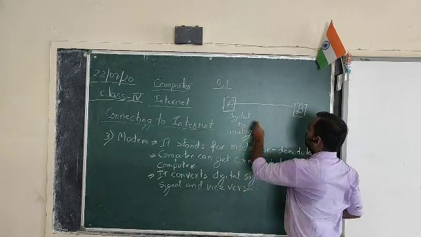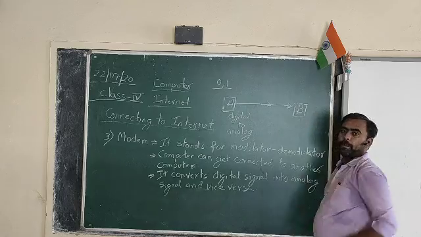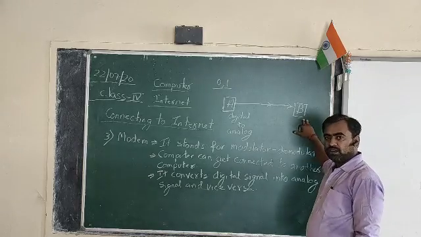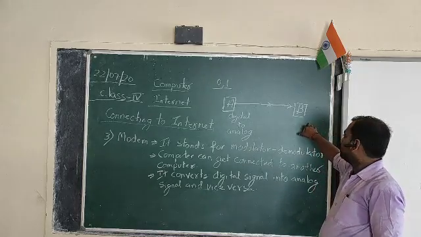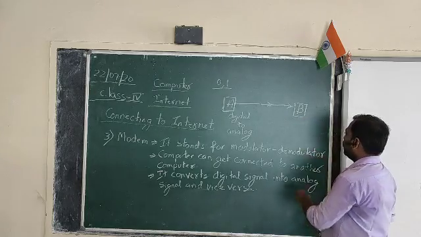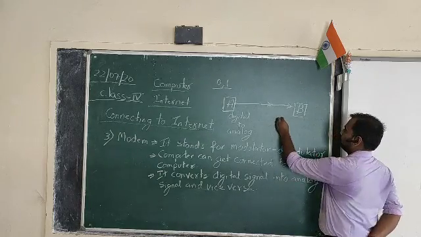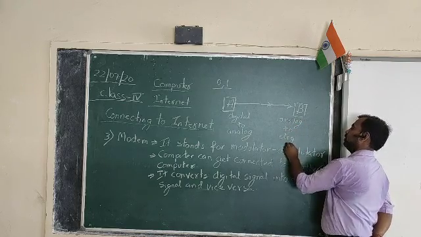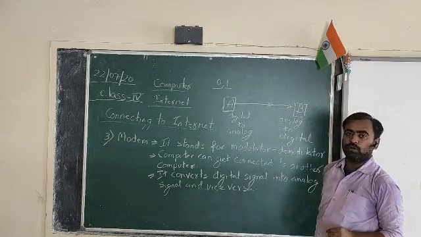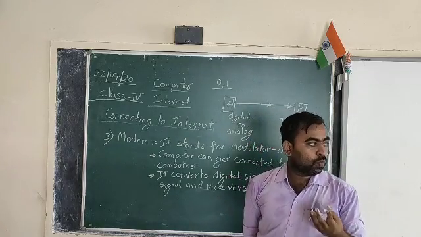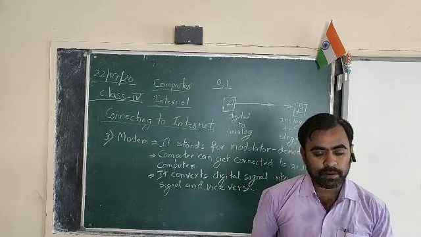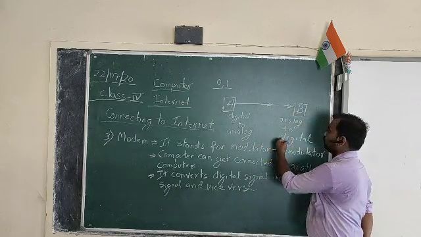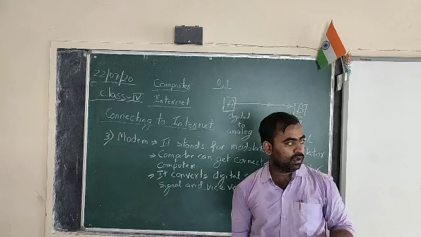Then this data goes to computer B. Once this data is received by computer B, it will again convert the data from analog to digital form, so that the computer can understand what is the message or the information received by it.